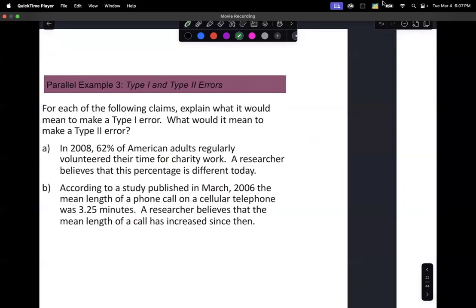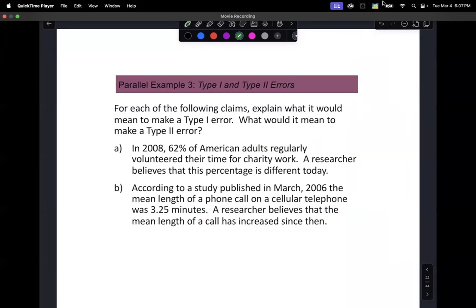We're going to do the other ones now. Did we already do these? So this is for the cell phone company. The researcher believes the mean length of the call has increased.